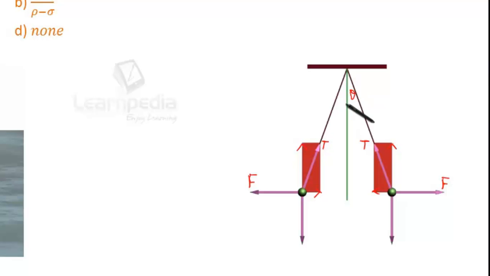Theta is the angle made by the string with the vertical, so this particular angle is also theta. The vertical component of the tension is T cos theta, the horizontal component is T sin theta, F is the electric force, and this one is the weight of the object.